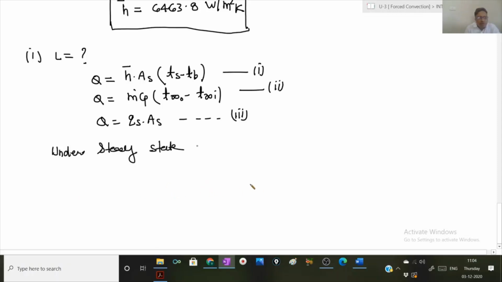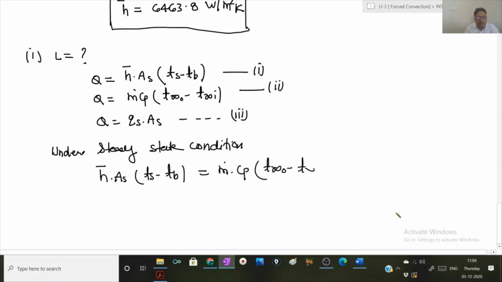So under steady state condition, H bar into As into Ts minus Tb is equal to m dot Cp into T infinity O minus T infinity I. Equation number 3 is applicable for constant heat flux boundary condition only.